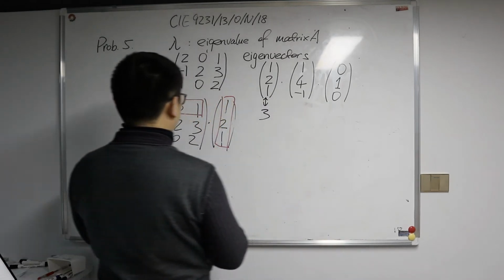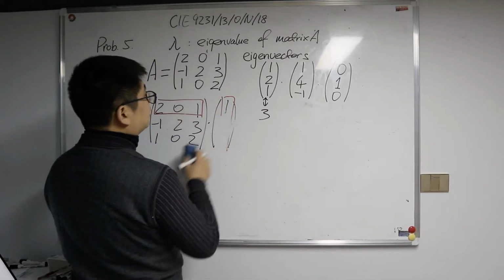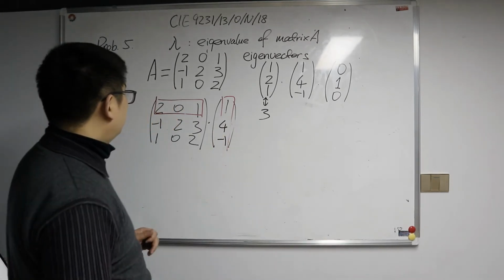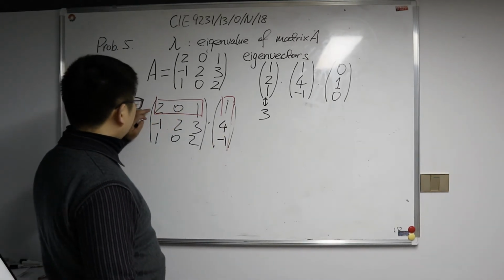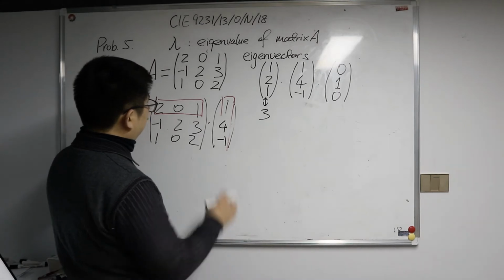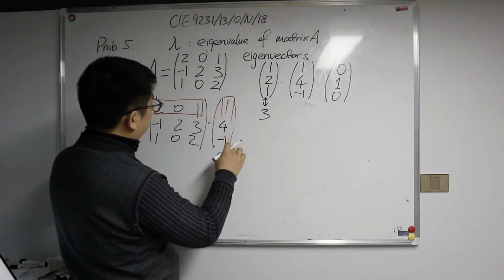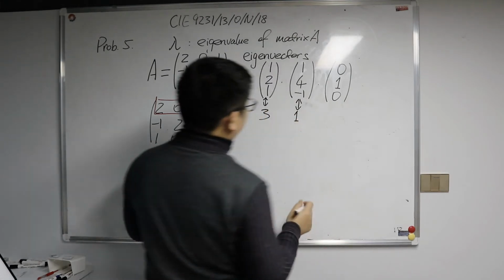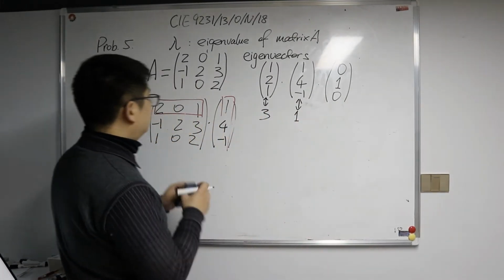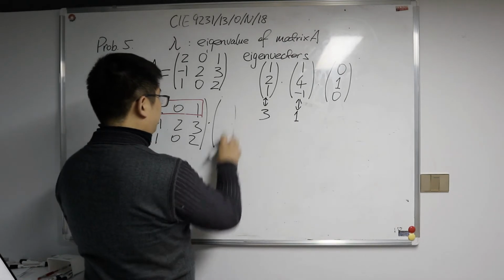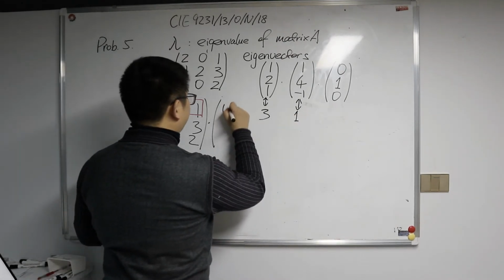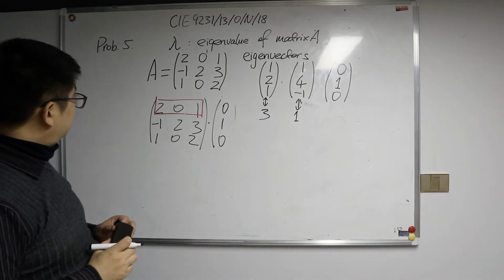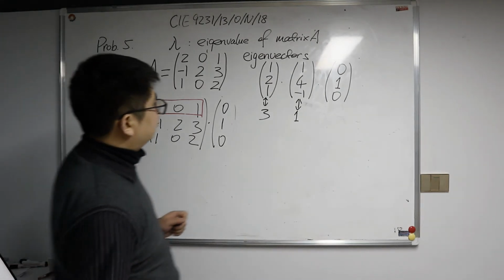And for this one, similarly we just verify one of them. So the corresponding eigenvalue is 1, and then for the last eigenvector, wow, it is 0.